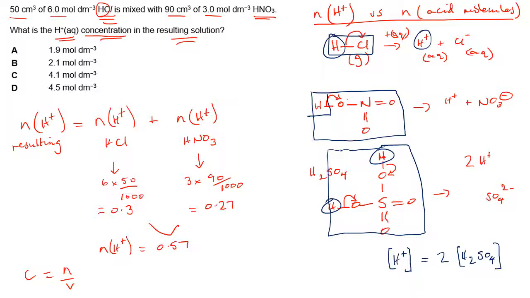Volume is our 50 plus our 90, which is 140. All right, so our concentration is going to be our 0.57 moles divided by 140 in dm cubed, like so, and that turns out to be 4.07, which we're going to round to 4.1, which is answer C.